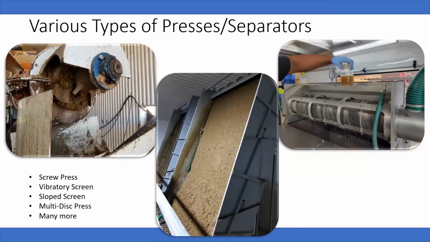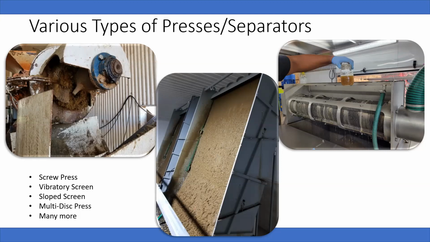There are also other various types of presses and separators out on the market. Farms are using them all the time. There are screw presses, vibratory screens, and slope screens that you can see in the picture. And again, the multi-disc press, there are more and more of those on the market now. But the important thing to note is you can use these to remove fiber, particularly from dairy manure, very efficiently.